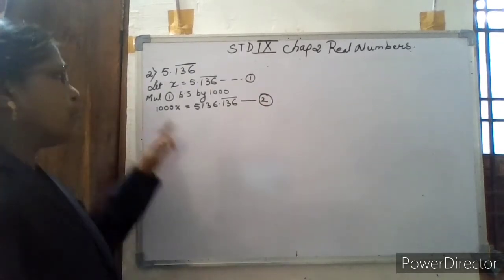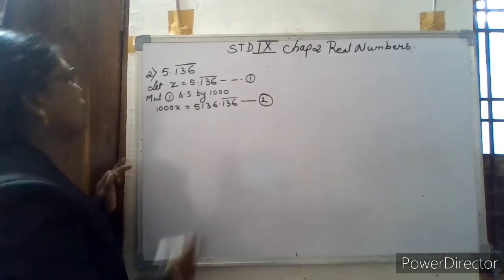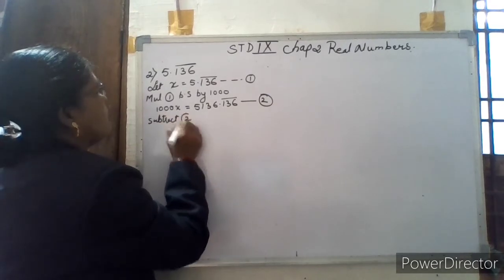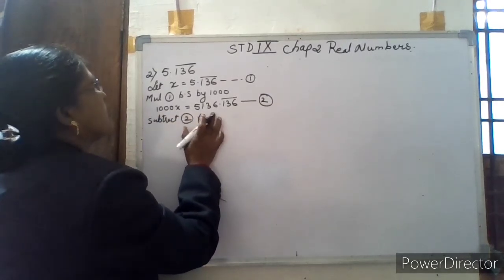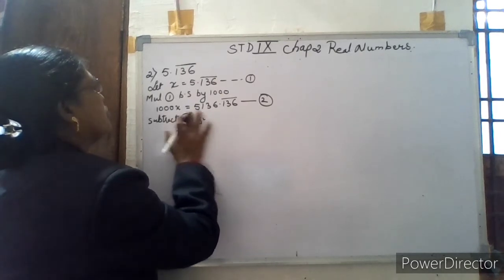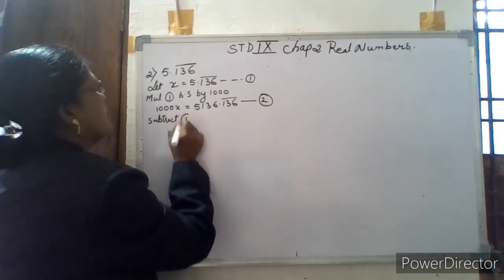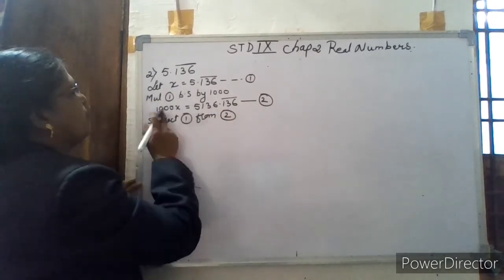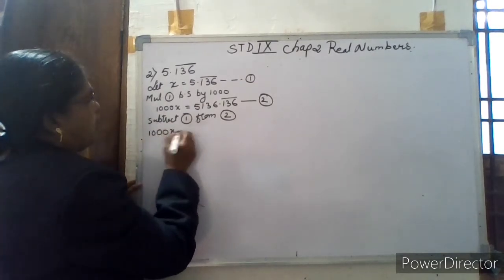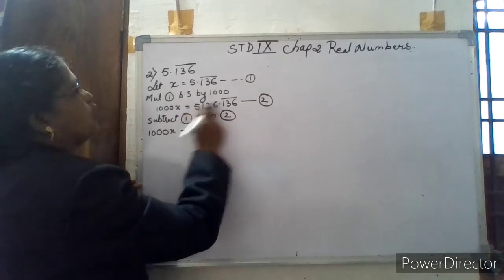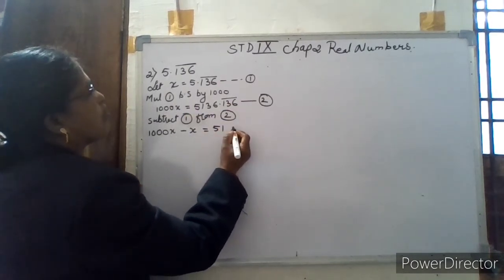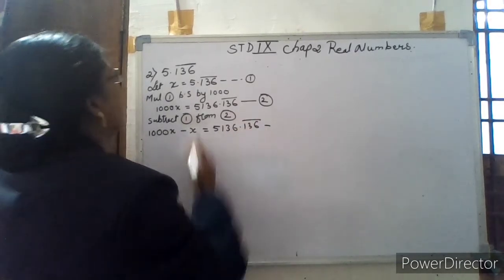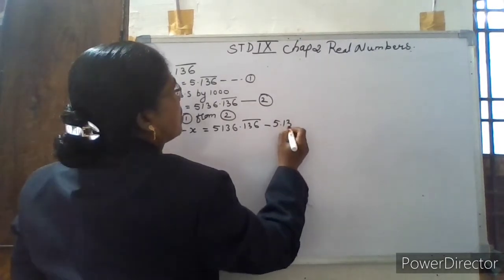Now the method is the same as we have done for the previous question. So subtract equation 1 from equation 2. Write equation 2 first. 1000x minus x is equal to 5136.136 recurring minus 5.136 recurring.